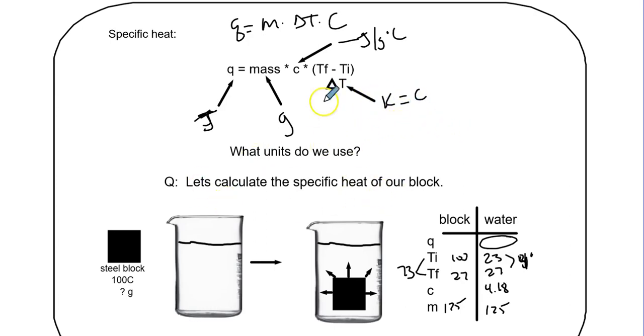All right, let's run through this first option of our math. Let's solve how much energy the water gained from the block. The mass would be 125 times the specific heat of water, which is 4.18, times the change in temperature of the water, which was 4 degrees. Take a moment and calculate how much energy the water gained.